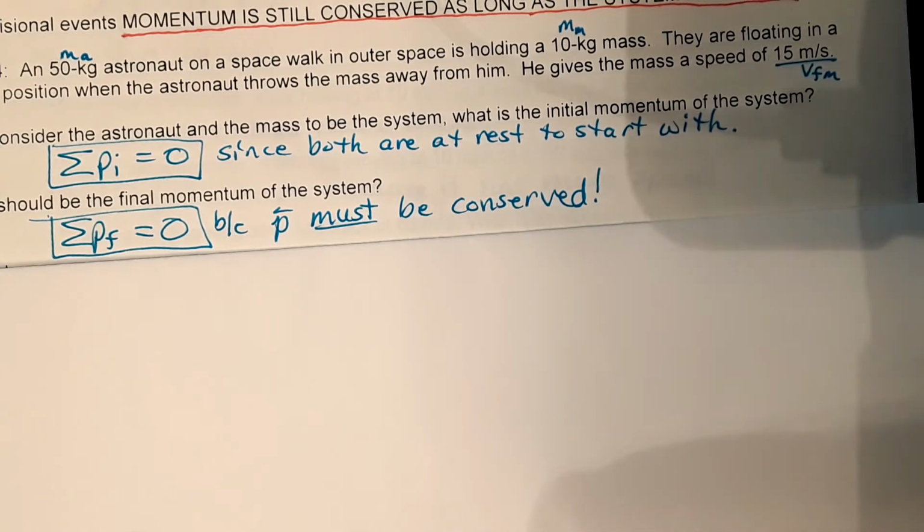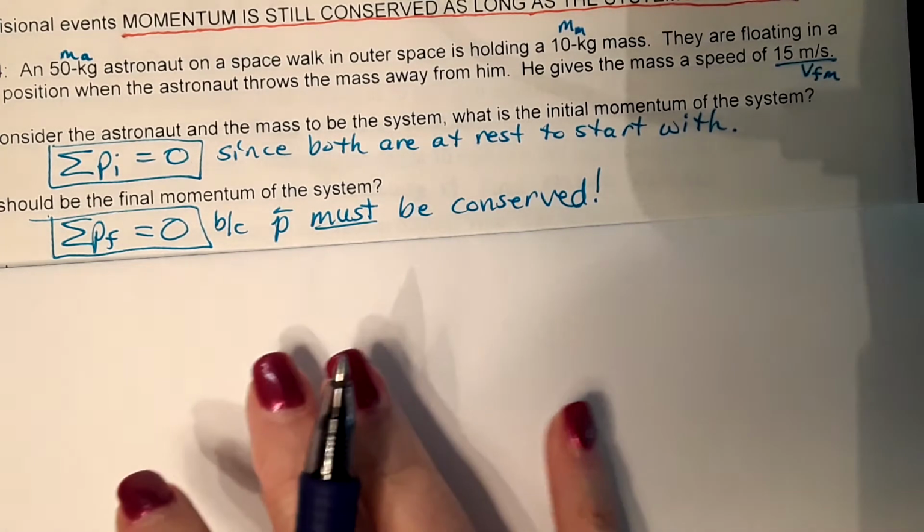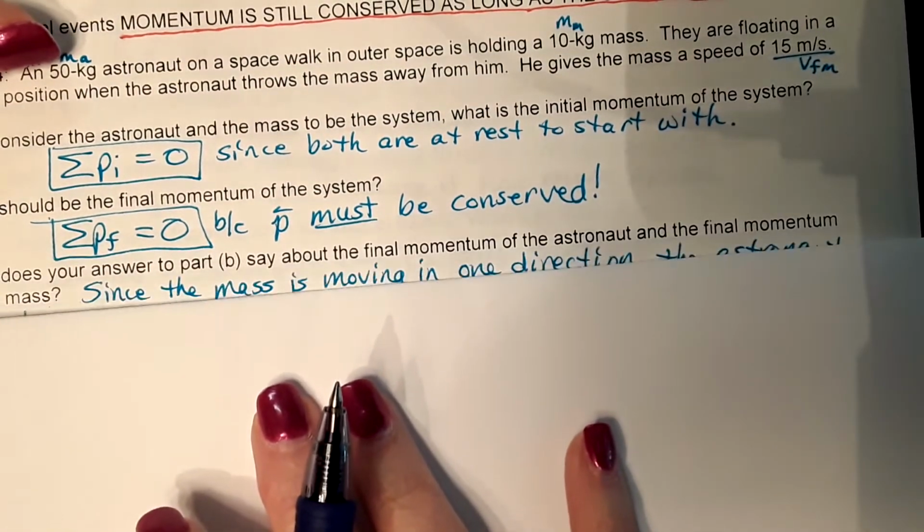We have to remember that momentum is a vector. So the mass has a momentum in one direction and the astronaut has a momentum in the other. They must be equal as well as oppositely directed. So they will add to zero to give a final total momentum of zero. All right?